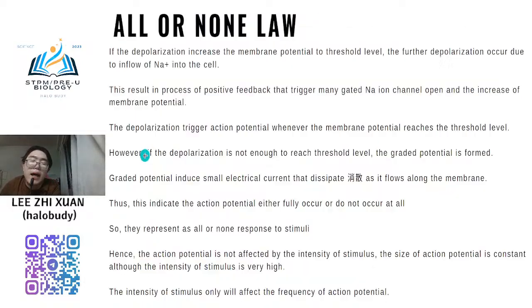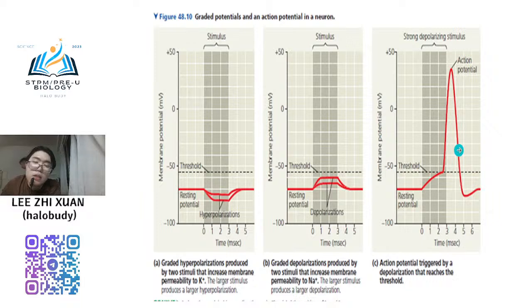Okay, what does this mean? If you look at this diagram it is easier to explain. All-or-none law means that the action potential either can be triggered or cannot be triggered only. There is no such thing as half an action potential. Either it triggers, no matter how high your electrical impulse or stimulus is.